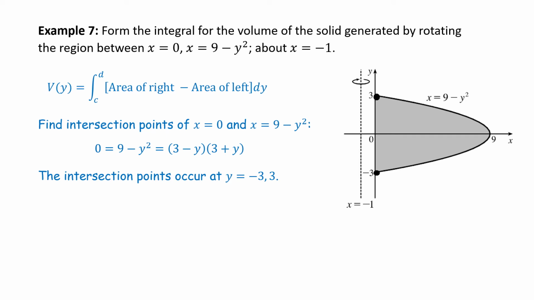Going back to our volume formula, we now can integrate from -3 to 3, bracket, pi times the radius of the right squared minus pi times the radius of the left squared, dy.